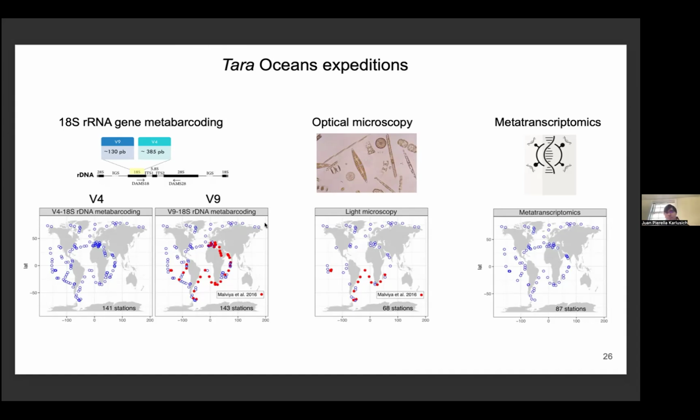There is another technical point: in the analysis of the ribosomal RNA gene, we compare two different regions of the gene, one called V4 and another called V9.